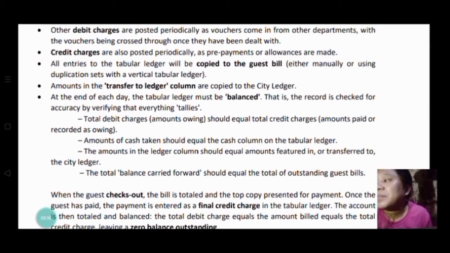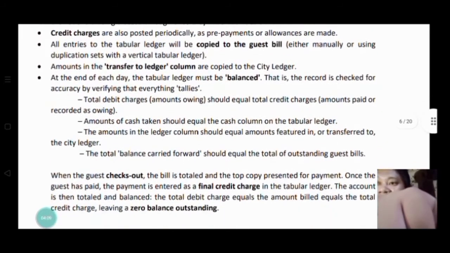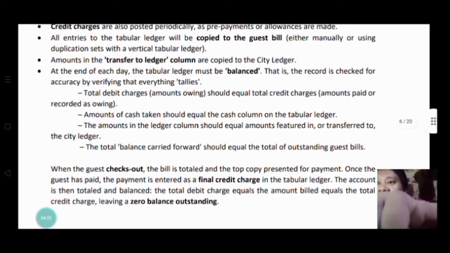It's either you pay half first, then make full payment upon checkout. Then all entries in the tabular ledger will be copied to the guest bill, either manually or using duplication sheets with a vertical tabular ledger.